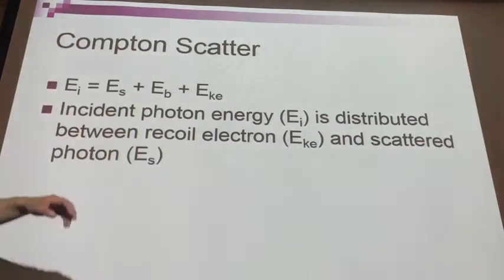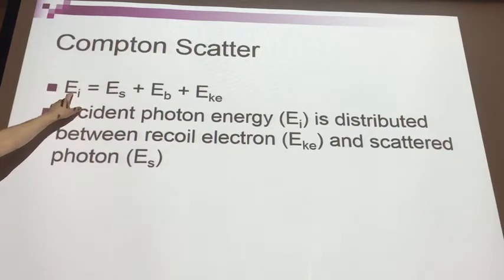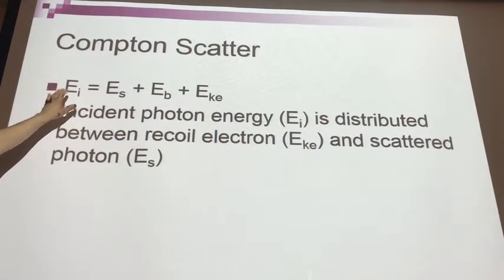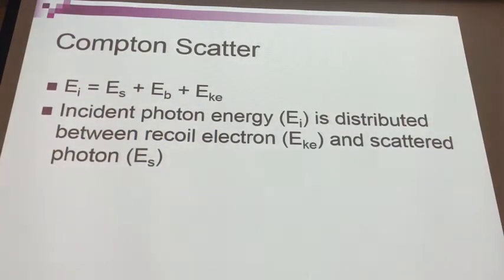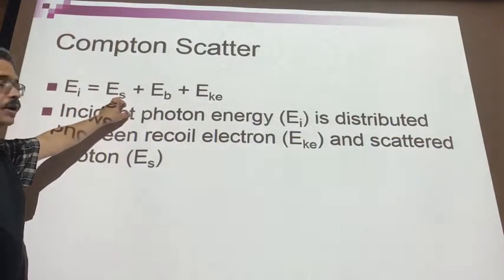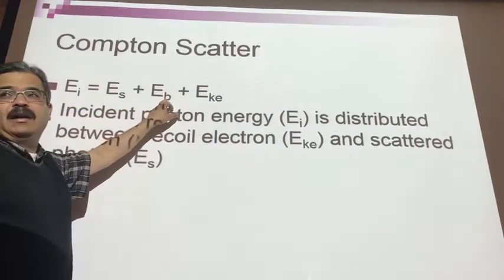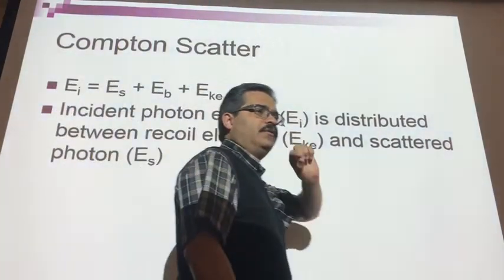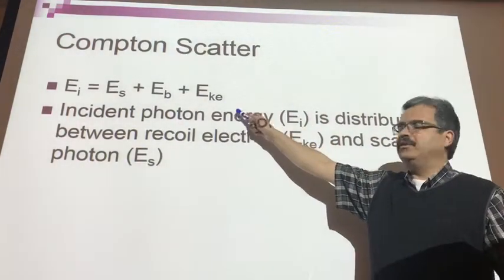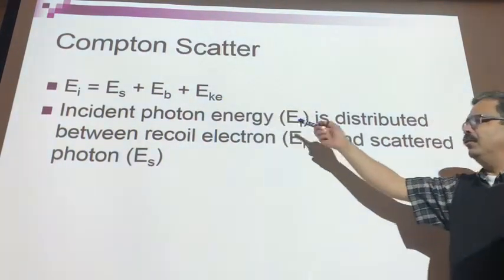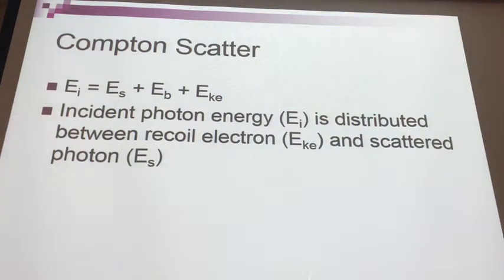The energy of the incident photon is equal to the energy of the secondary photon, plus the binding energy, plus the kinetic energy of the electron. So when you algebraically decompose that, if you have some values, then you can come up with all the different energies, okay? It's very simple.